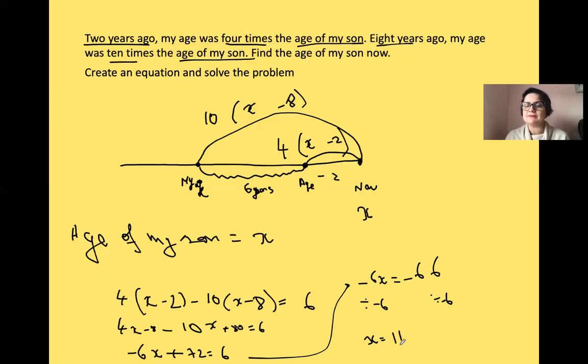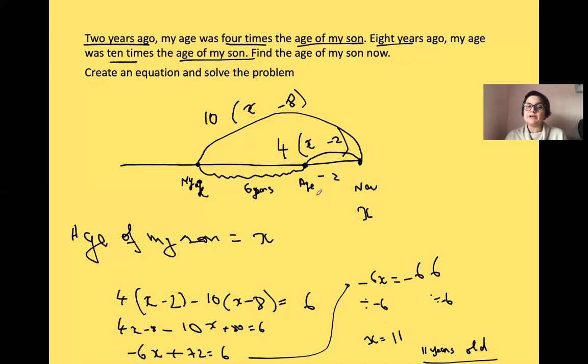So X equals 11. So there you go. This is how old my son is now, 11 years old. And then you can write the answer on the answer line: 11 years old. Just like that.